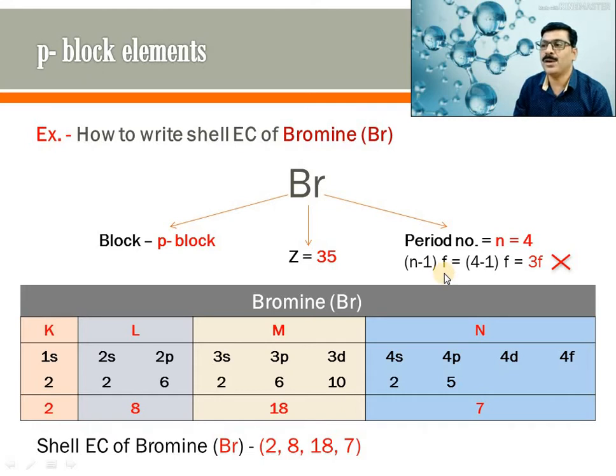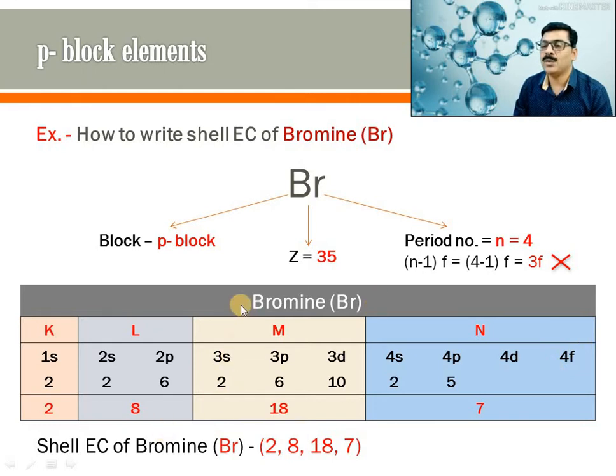Putting the value of n equal to 4, n-1 means 4 minus 1, so the 3f orbital you have to ignore. But actually the 3f orbital is not present because the f orbital starts from 4f.